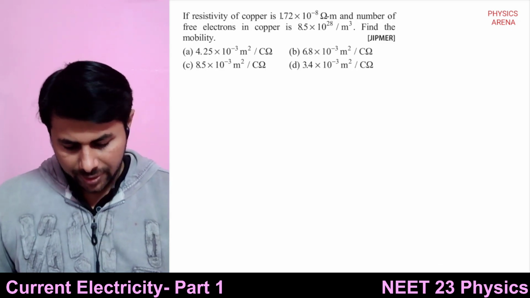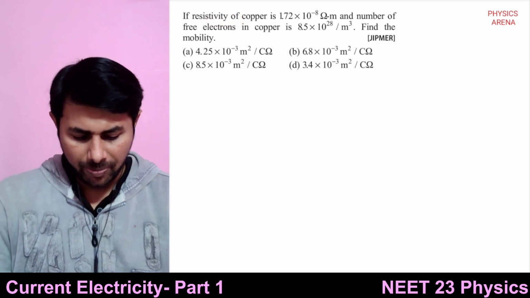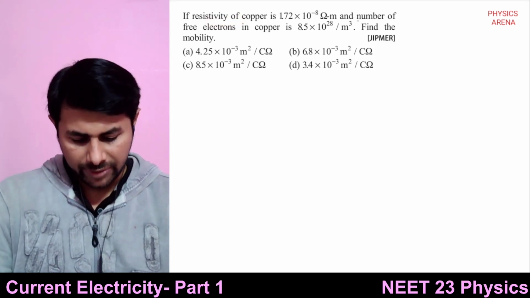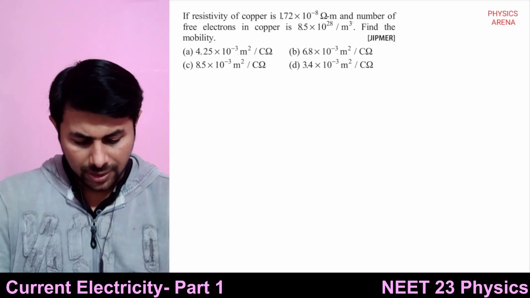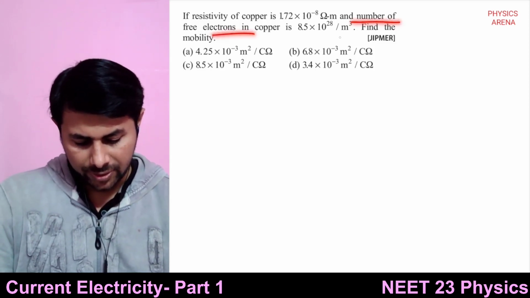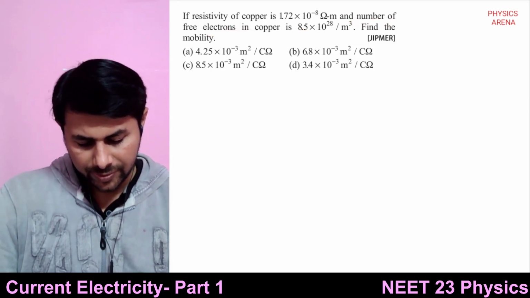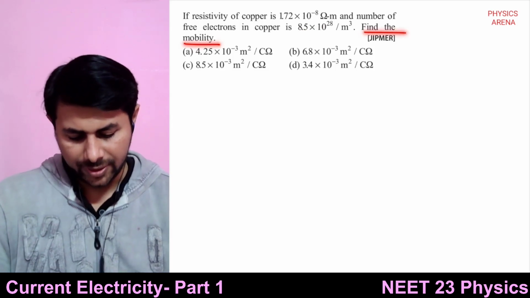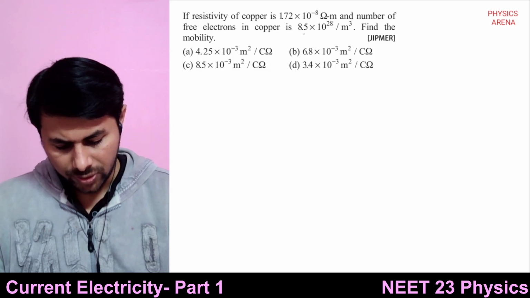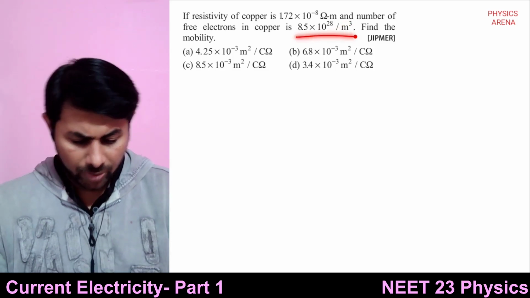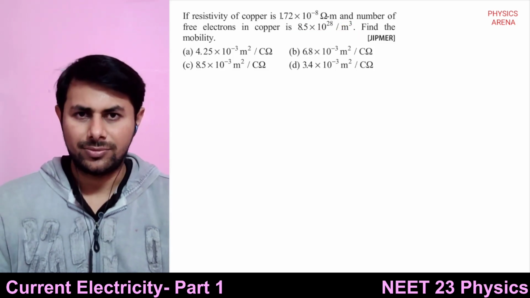Let us see the next question. If the resistivity of copper is 1.72 multiplied by 10 raised to minus 8 ohm meter, and the number of free electrons in copper is this much, find the mobility. The number of free electrons is per unit volume.